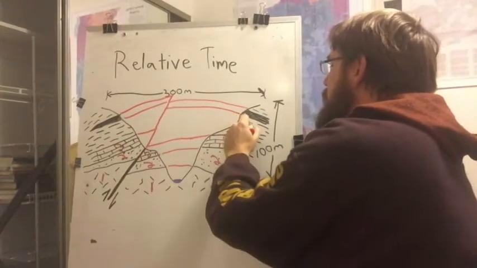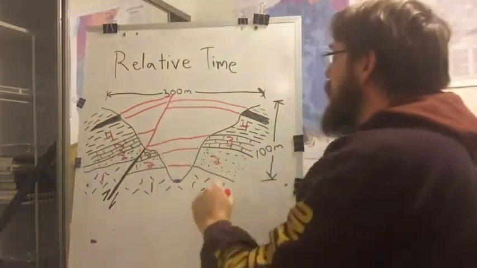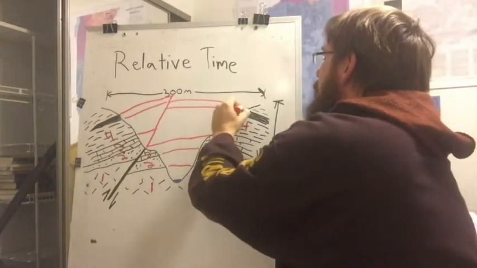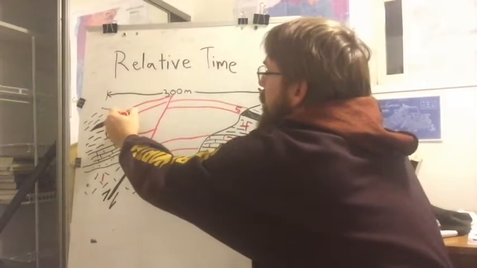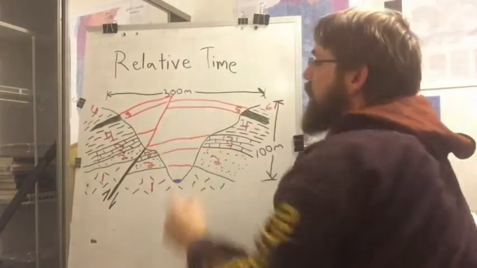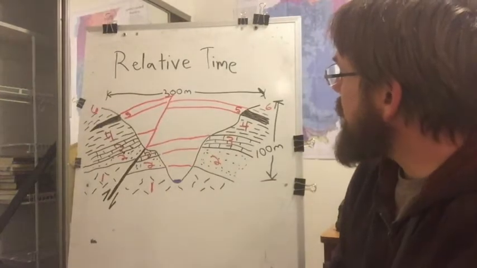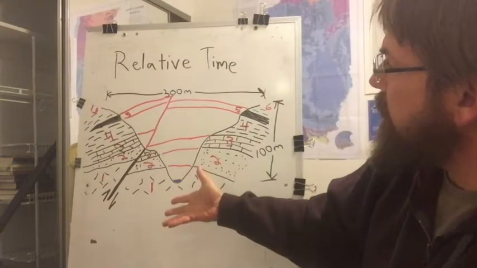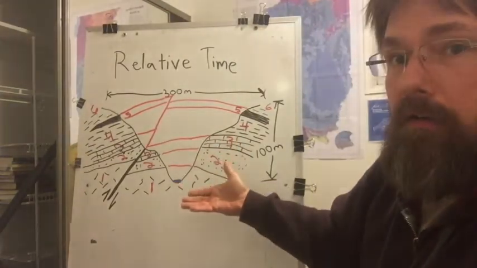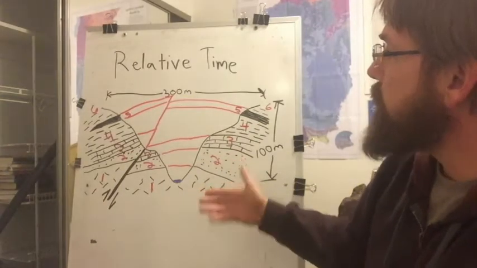Our shale, both above, well, I guess not technically above, would be 4. Our lava would be 5, and the shale above the lava would be 6. All right, so that's the principle of lateral continuity, essentially, in a nutshell for you.